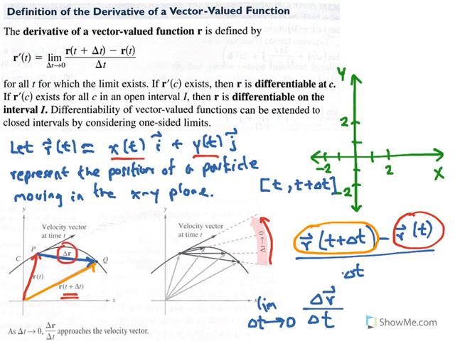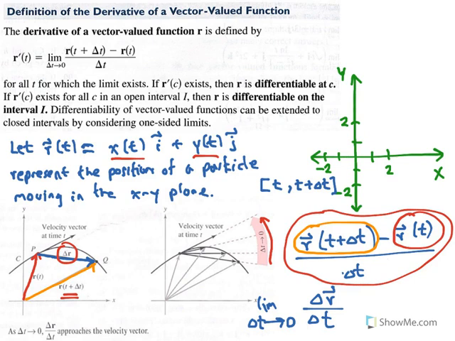And what happens is this. We know from calculus AB that this particular difference quotient gave us an average velocity, and when you took the limit of that difference quotient as the length of the time interval approached 0, you got the instantaneous velocity at time t.